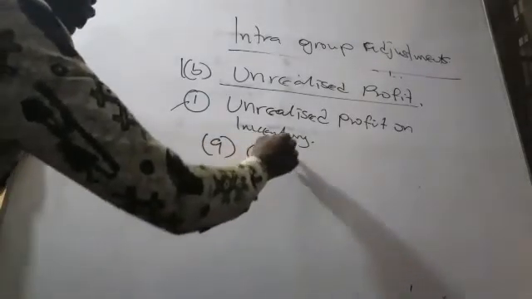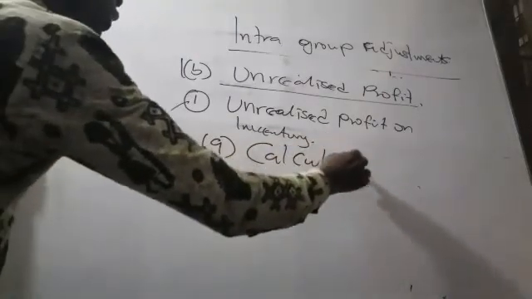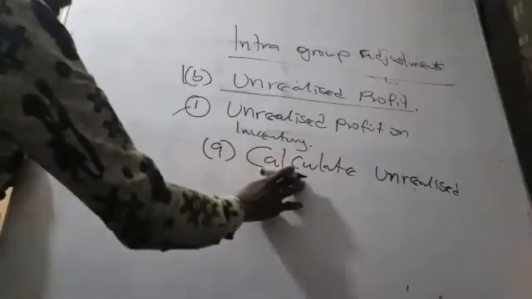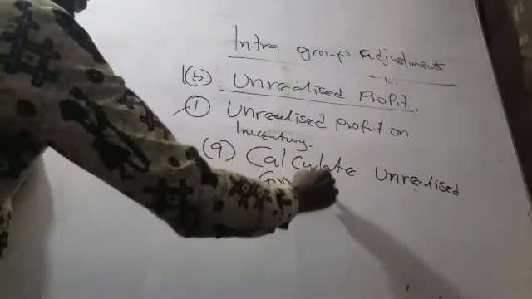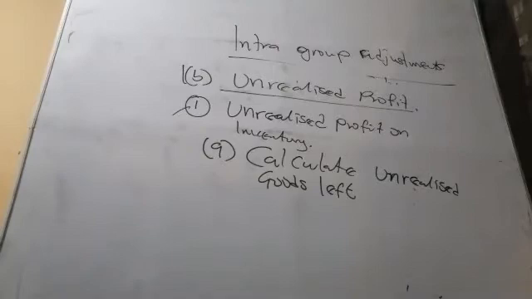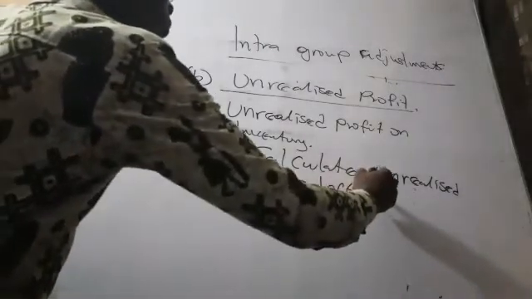So first thing you have to do is calculate the unrealized profit. The unrealized profit is equal to goods left in inventory times the profit loading. If the subsidiary has been able to pass on all the 50,000 goods, there's no PUP because the goods are not in inventory.